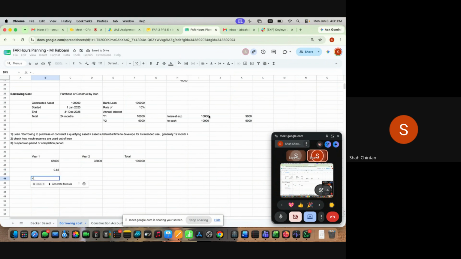My annual interest is $10,000. Now I can capitalize 65%, which means 6,500 I can capitalize. So what will be my new journal entry now? My new entry will be asset account debited 6,500, interest expense account debited 3,500, to cash account 10,000.